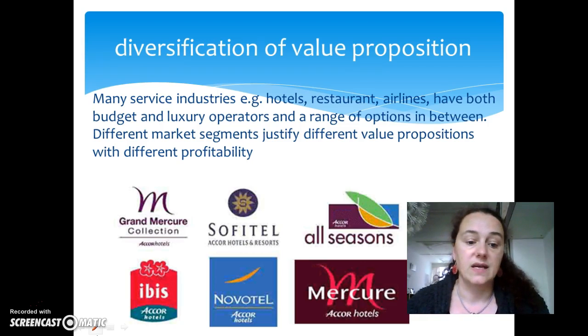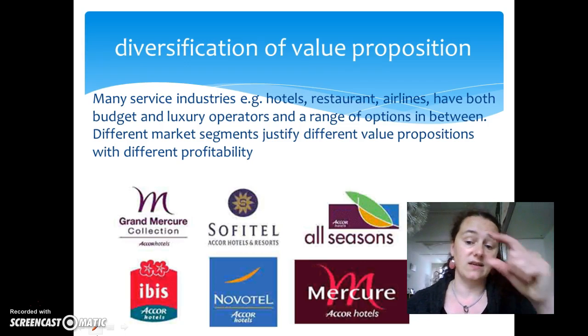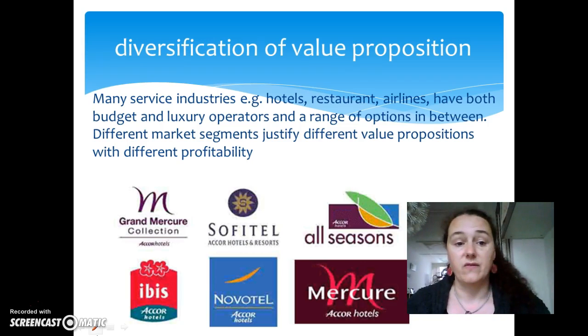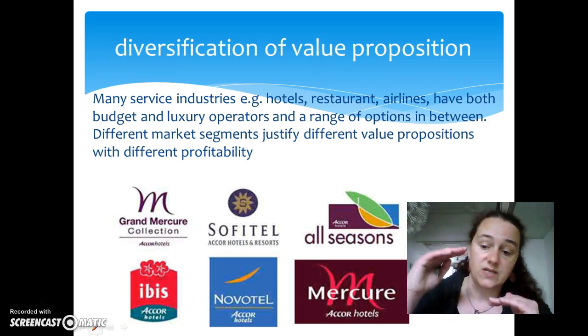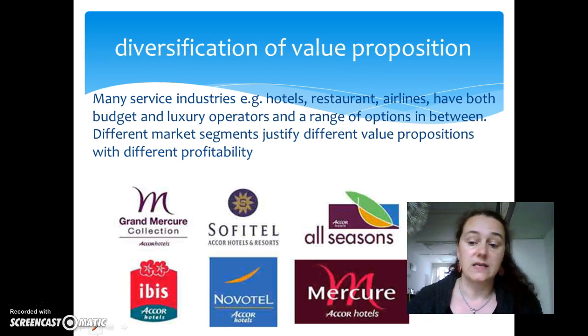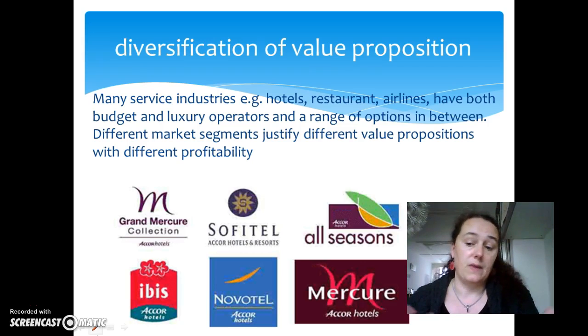And also the people working in the Sofitel will probably have a higher wage than the people working in the Ibis. And so there is a relation there between the costs and the level of the value proposition, but it's not just that there's one thing, they see space for different value propositions, and so they have a portfolio of service options in the market.